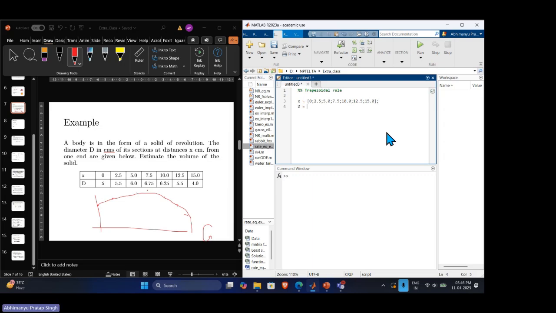And then we have d as, yeah, so that is our data.